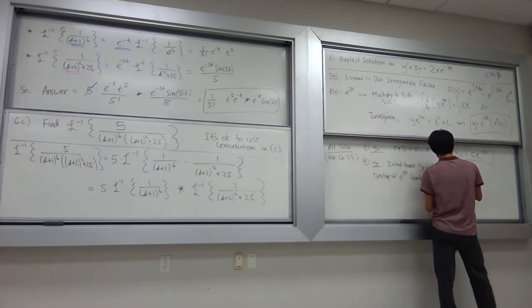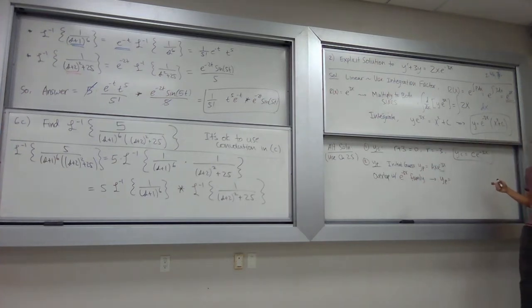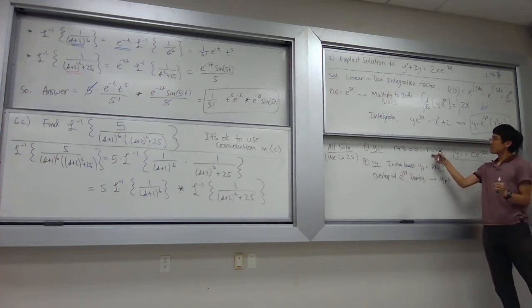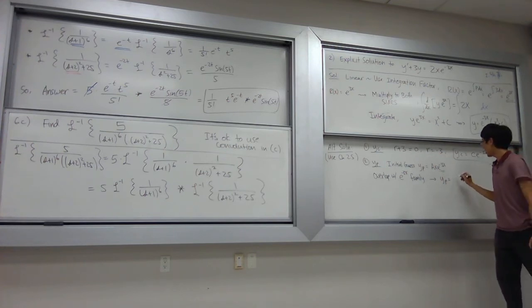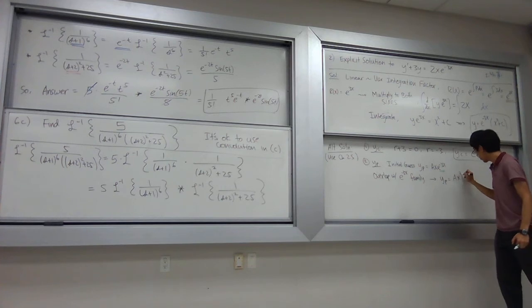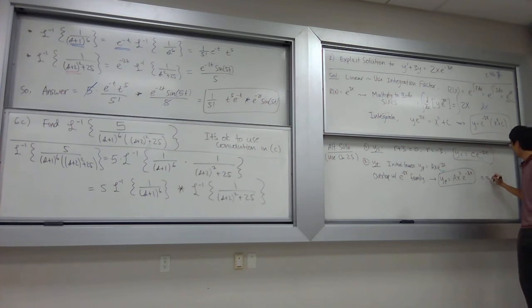So how much do we shift it by? Just by x, because it only occurs once. So it becomes ax squared e to the negative 3x, which is our actual guess.